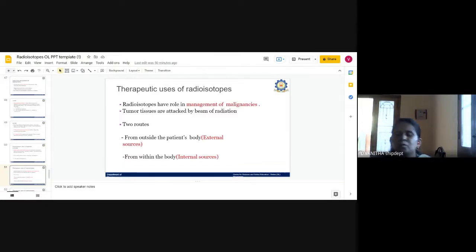There are two routes available. The first is from outside the patient's body, given from an external source. The next is from within the body, given by an internal source.